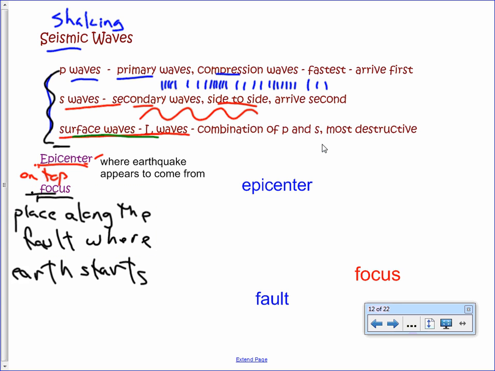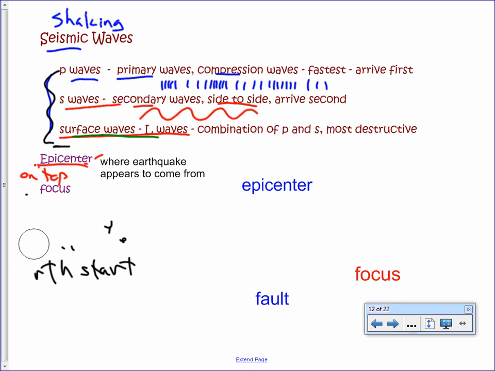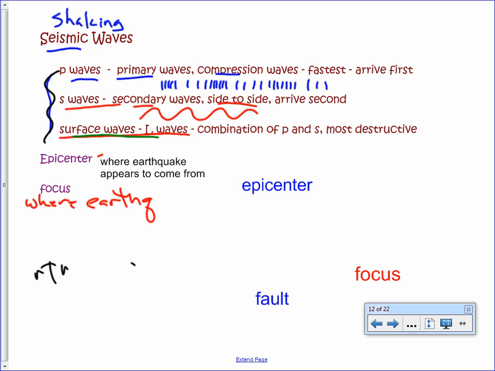Okay, I'll rewrite that in a minute so that it comes out right. So epicenter and focus. So you should definitely draw this picture.